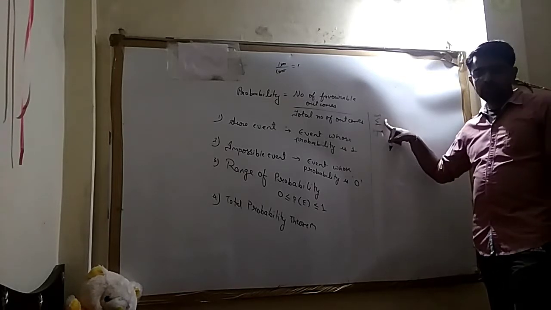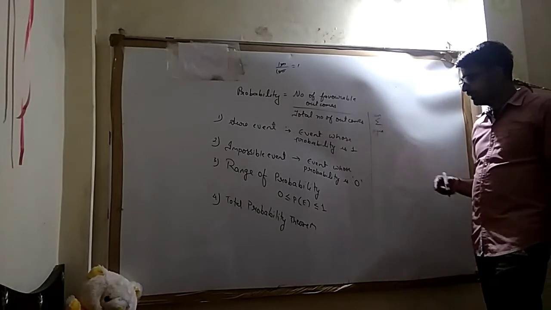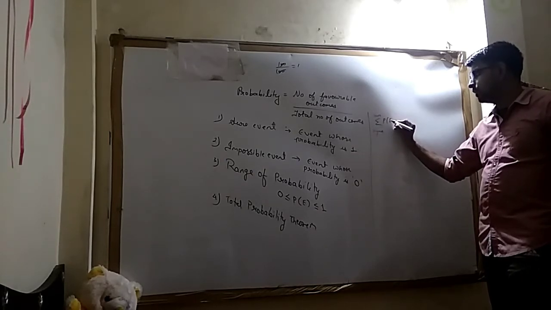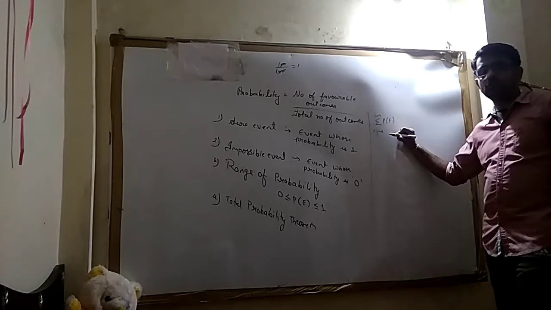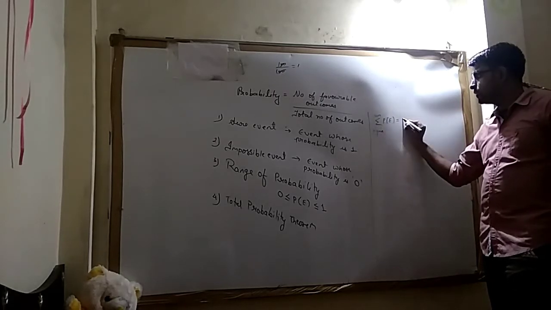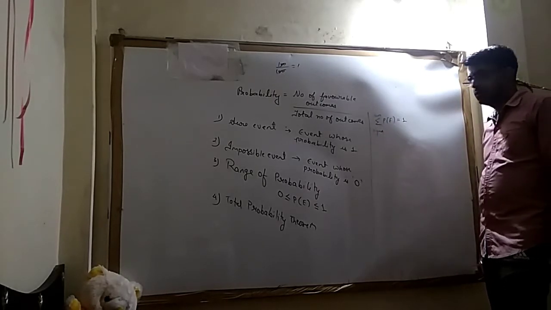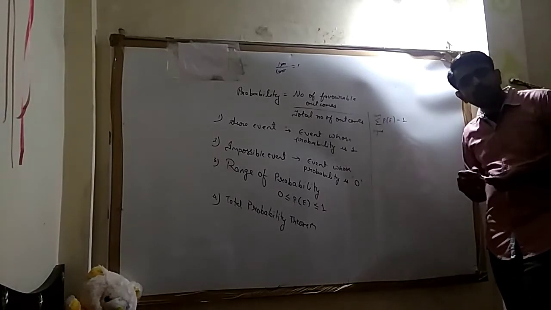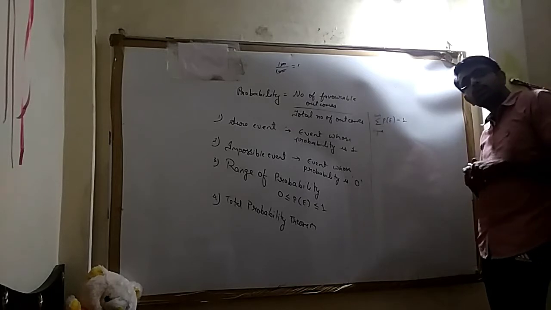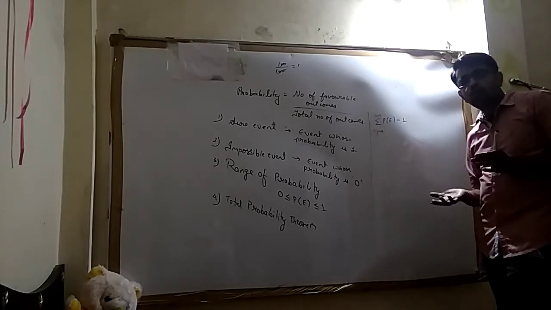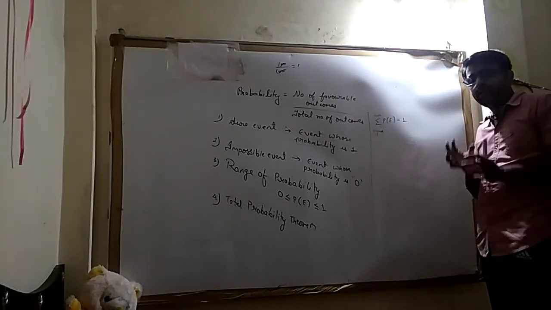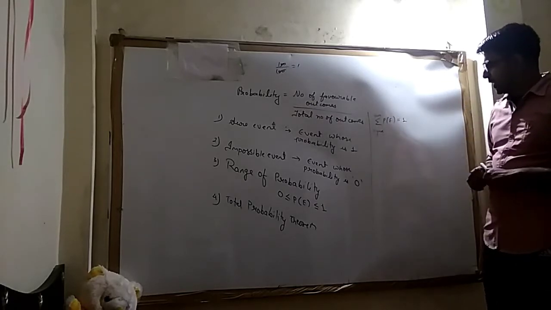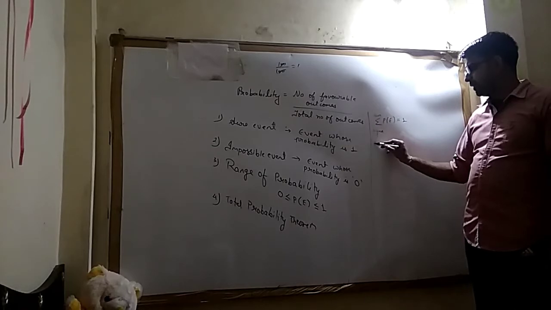Okay, so total probability theorem says the sum of all the probabilities of any event is equal to 1. इसका मतलब क्या हुआ कि किसी भी इवेंट के जितने भी ट्रायल्स हैं, जितने भी आउटकम्स हैं, उनकी प्रोबेबिलिटी का सम हमेशा कितना होगा? 1. Okay, I will explain this thing by one example.